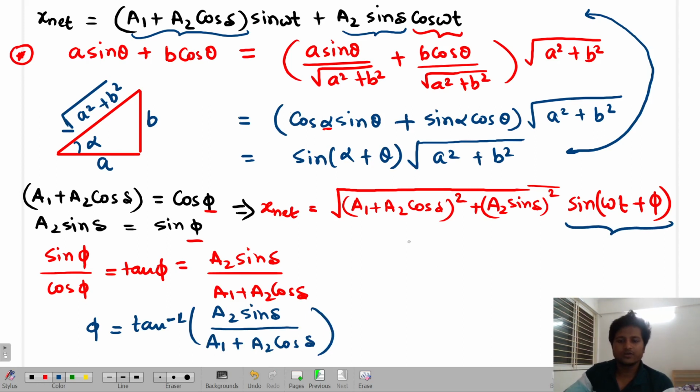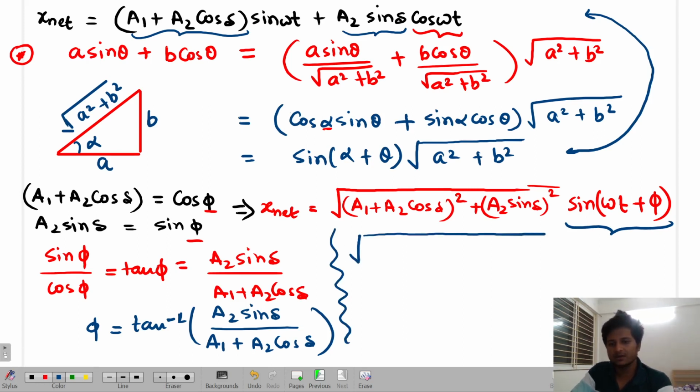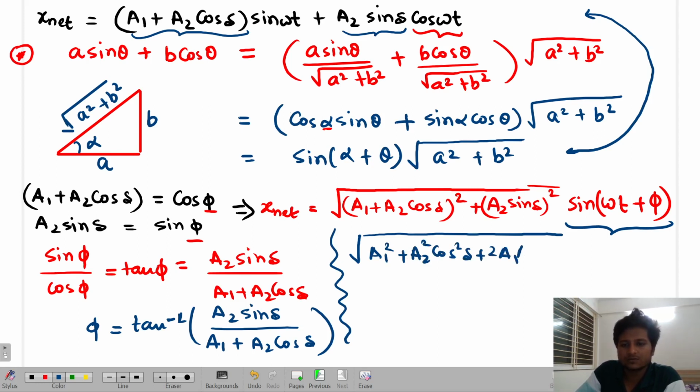Look over here, this is the whole term which I got. But this term I can still expand, so I'll do that expansion directly. That is a1 square plus a2 square cos square delta plus twice a1 a2 cos delta plus a2 square sin square delta.